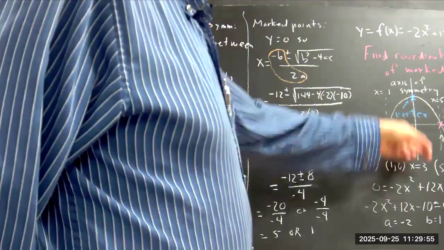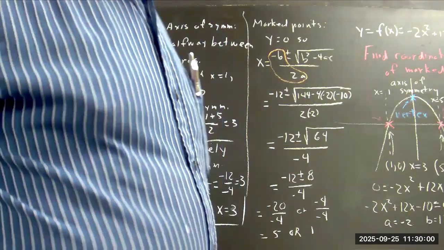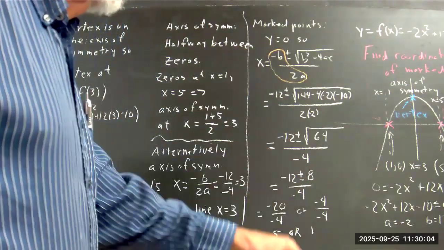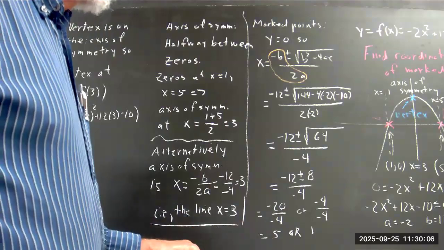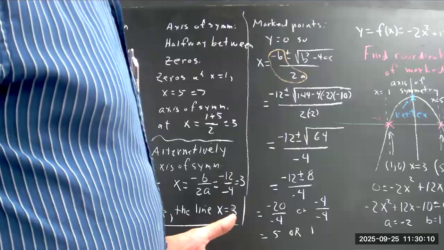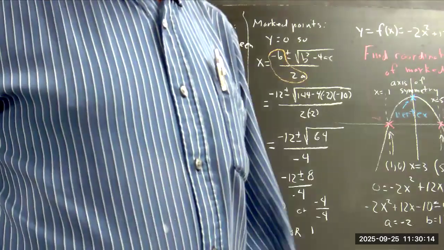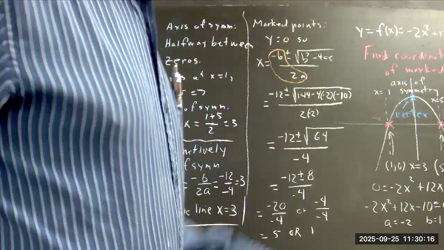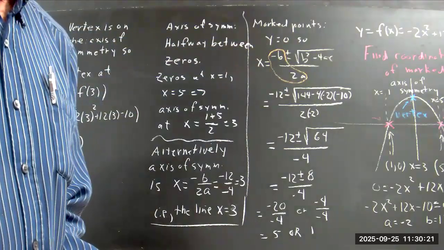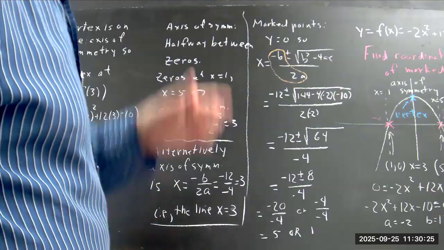But the axis is still halfway between them, wherever they are. You don't want to get into what that really means. Just because you don't have zeros doesn't mean you don't have an axis of symmetry. But if you don't have any zeros, you better know how to use this, and that's usually what you're going to do.